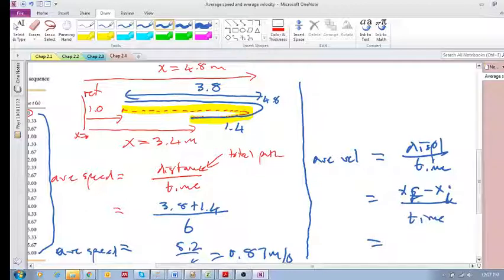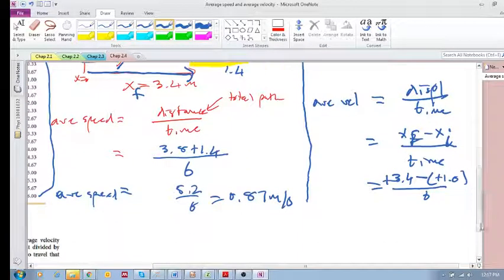What is the final position? The final position is this. That's my x final, 3.4, and it's positive. And what was my initial position? My initial position was 1. So positive 3.4 minus positive 1, divided by 6, which is 2.4 divided by 6.